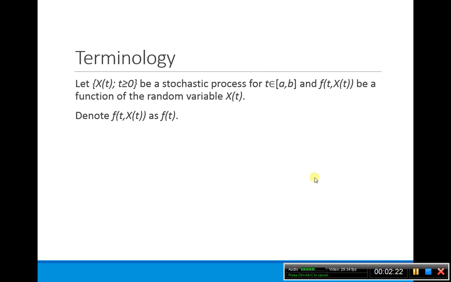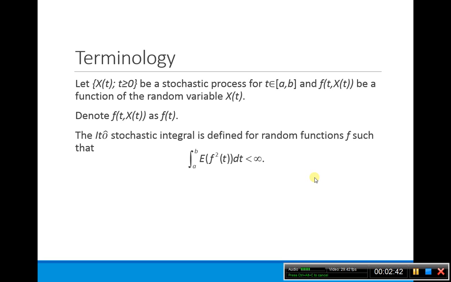Okay, so a little bit of the terminology. If we let x of t be a stochastic process, and we look at f of t, x of t, some function of the random variable, let's just denote f of t, x of t as just f of t.